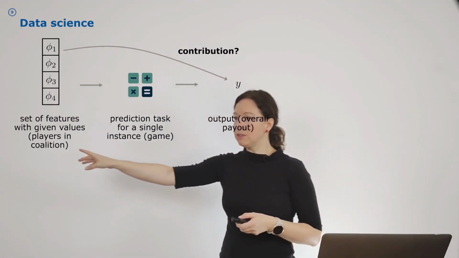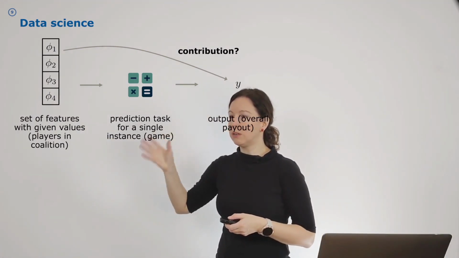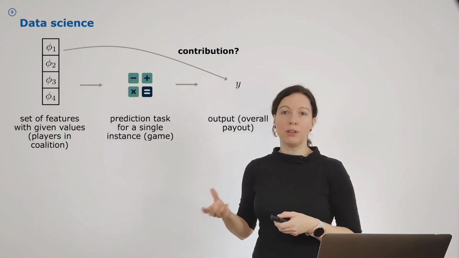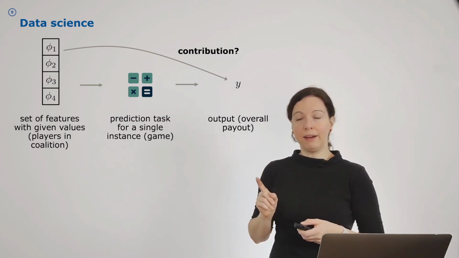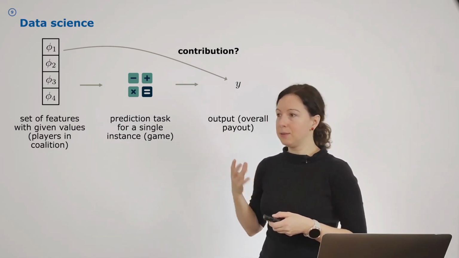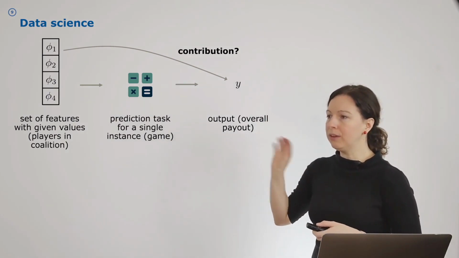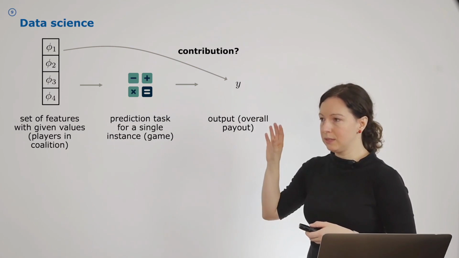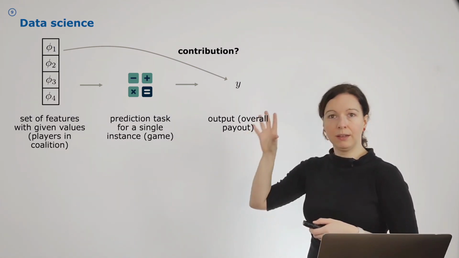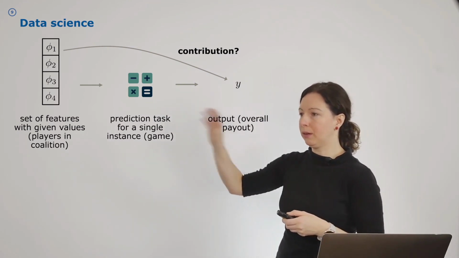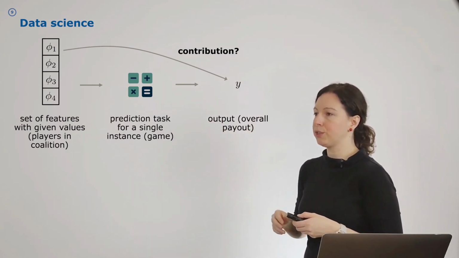You have a set of features with given values. These are your players in a coalition. So one feature is one player. Then you have a prediction task for a single instance. This is your game. And you have an output. This is your overall payout. So this is the real estimation, the output you get from your machine learning model, from your prediction task.